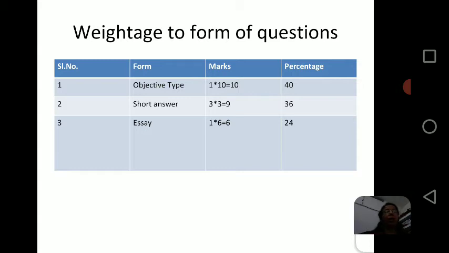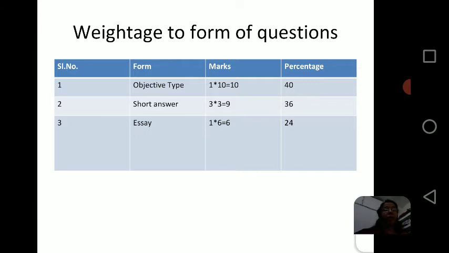She can include 5 objective type, 20 objective type, 10 objective type, and the marks may be half mark, 1 mark, 2 marks anyway. Short answer type also, you can include 1 to 3 marks questions and 2 to 4 marks questions. And there is no limit for the number of questions and the number of marks.